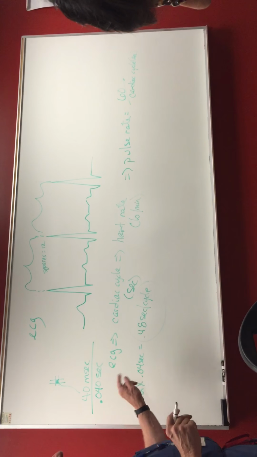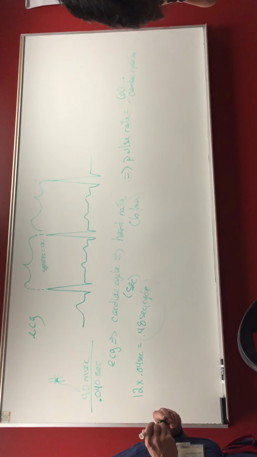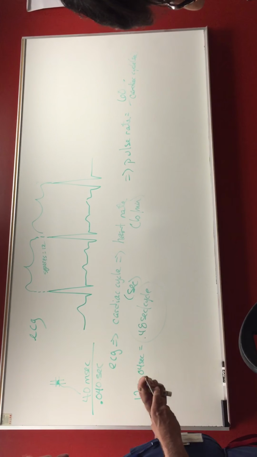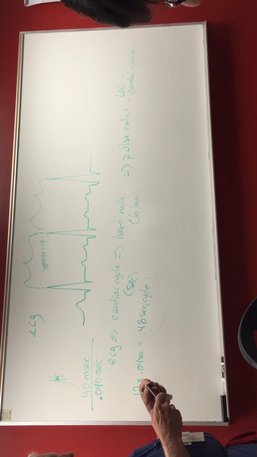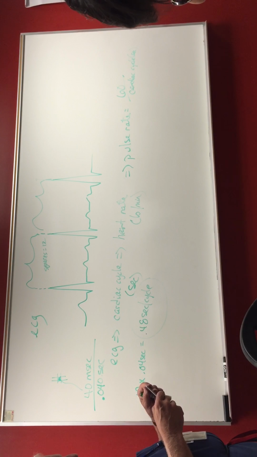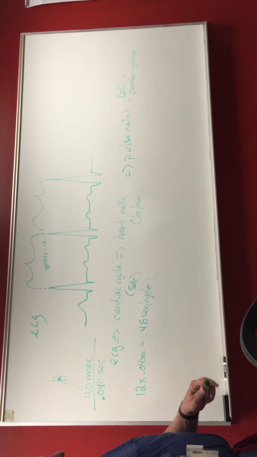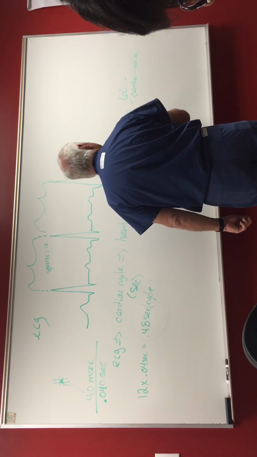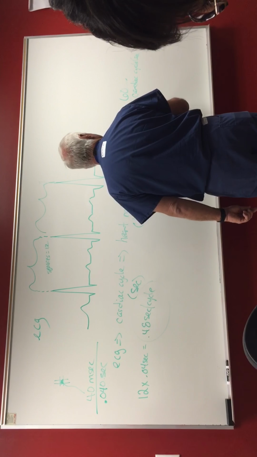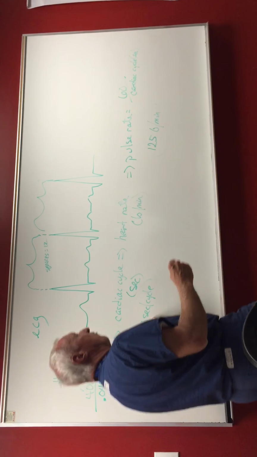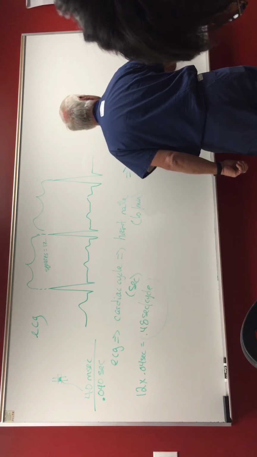If you're using milliseconds, it's going to be off by 1,000. So in this case, it's 60 divided by 0.48, so the pulse rate is equal to 125 beats per minute, because the 0.48 substitutes down here.